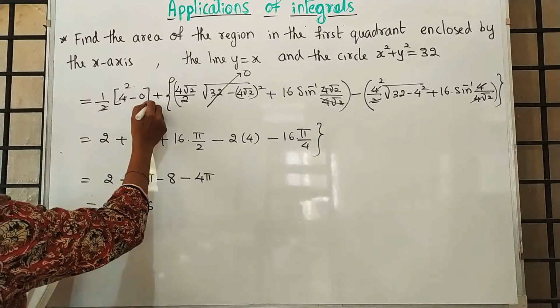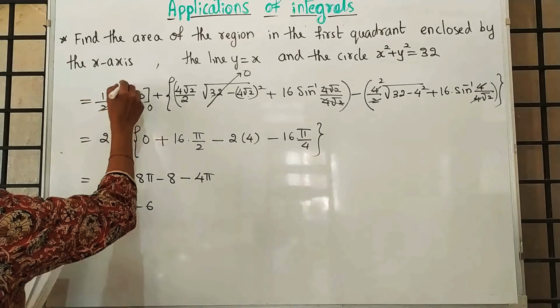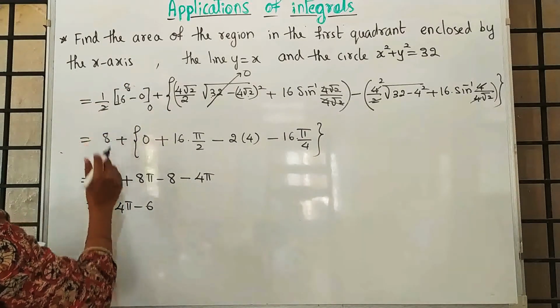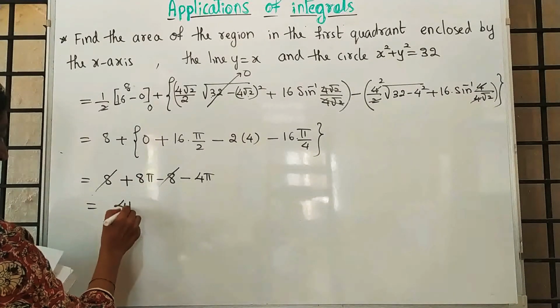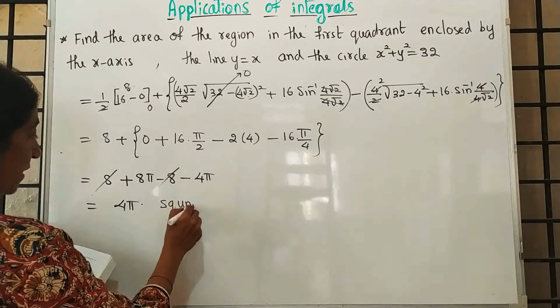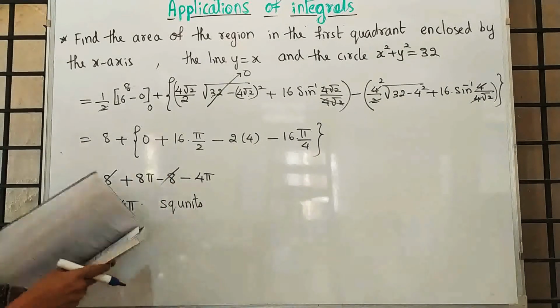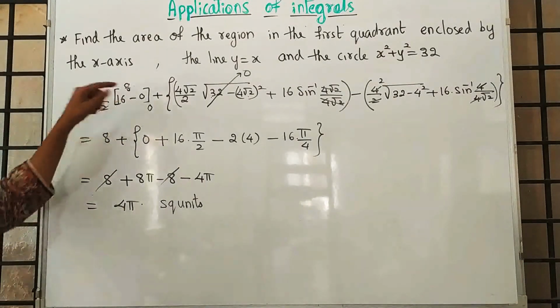It is 0 to 4, 4 square is 16, that is 8. Plus 8 minus 8 get cancelled, the answer is 4 pi square units. Please make the correction here in the first integration: it is 0 to 4, 4 square is 16, so you are getting 8.